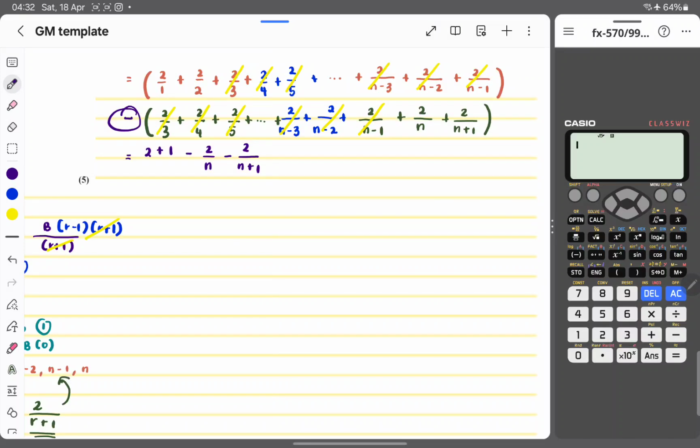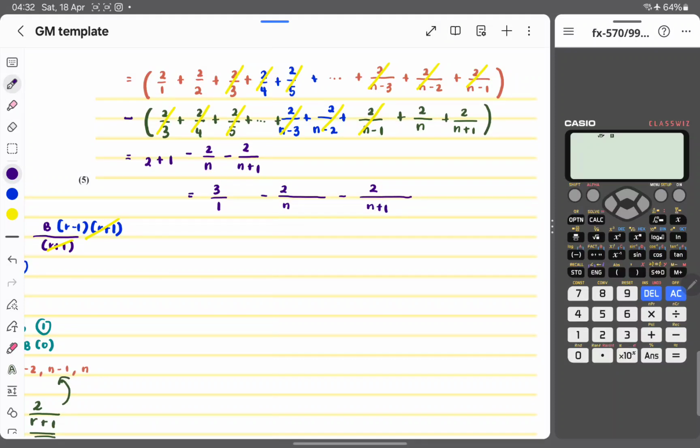So when I distribute, both of the terms would be negative as well. Okay. So here I have 3 over 1 minus 2 over n minus 2 over n plus 1.